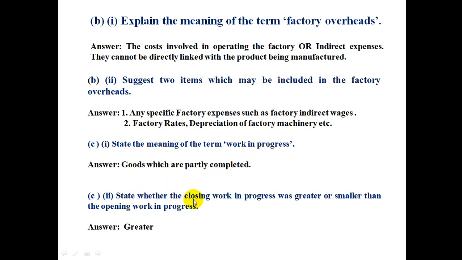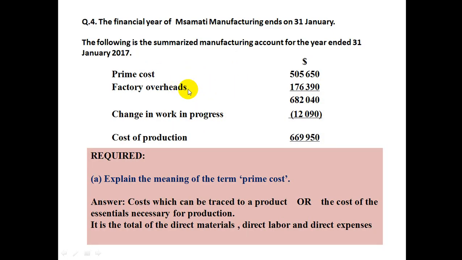Part 2. State whether the closing work in progress was greater or smaller than the opening work in progress. We had seen in the previous slide, changes in work in progress are being subtracted from the cost of goods produced. We know that opening work in progress is added and the ending work in progress is subtracted.